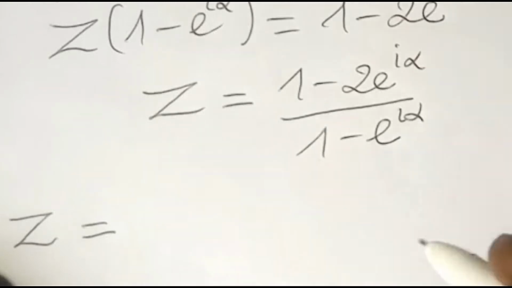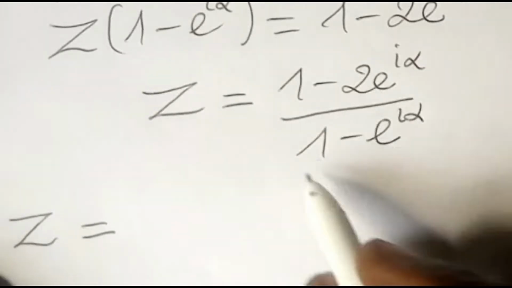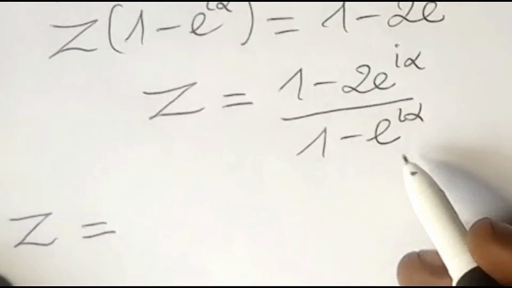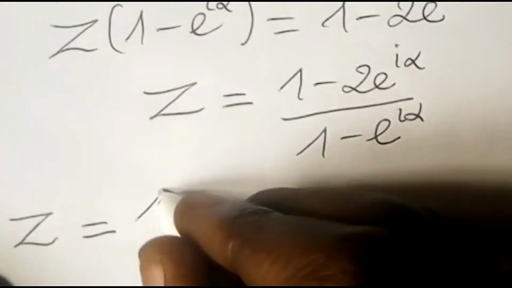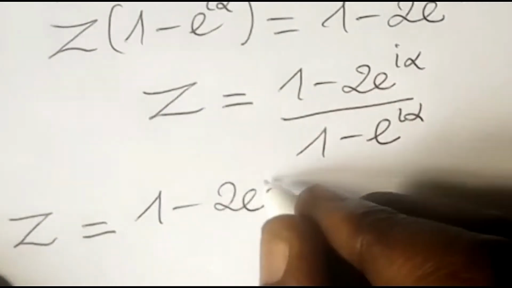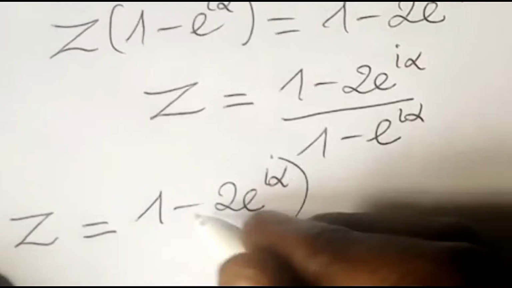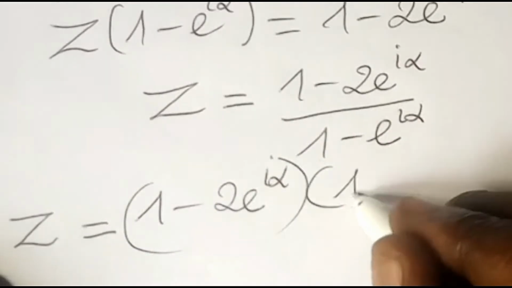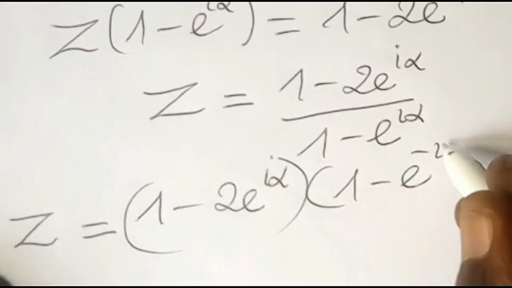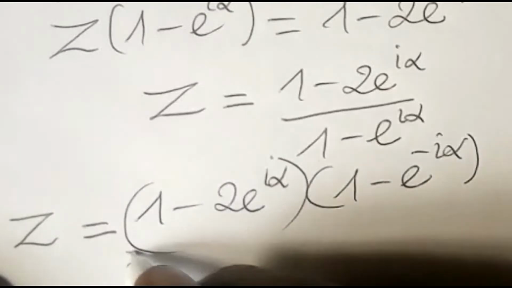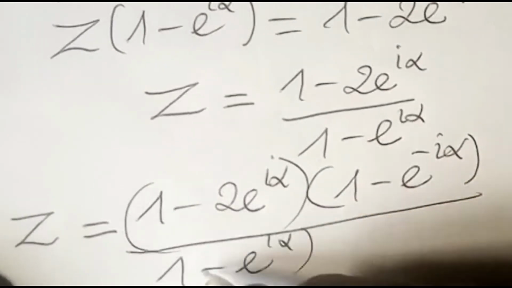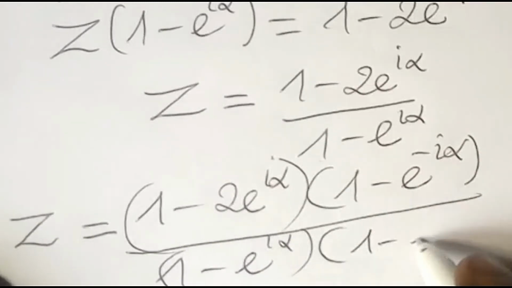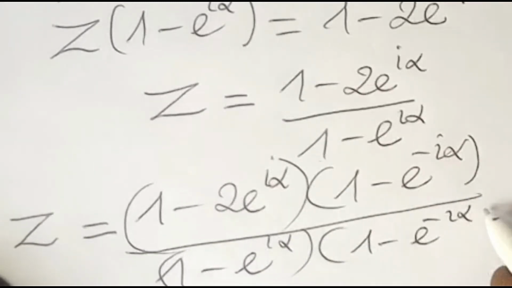So the conjugate of the denominator should be 1 minus e to the negative i alpha. So I should have (1 minus 2 e to the i alpha) into (1 minus e to the negative i alpha) all over (1 minus e to the i alpha) into (1 minus e to the negative i alpha).